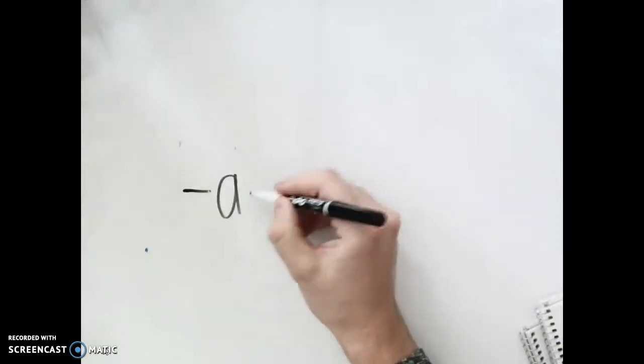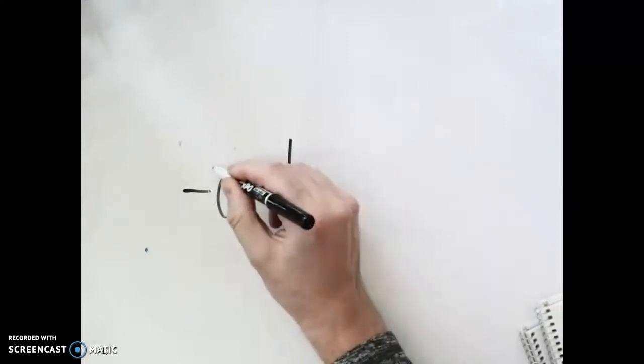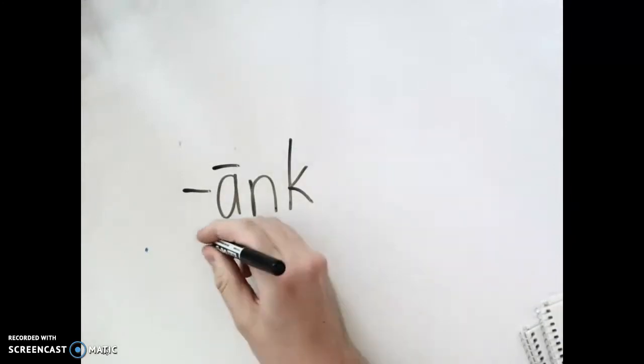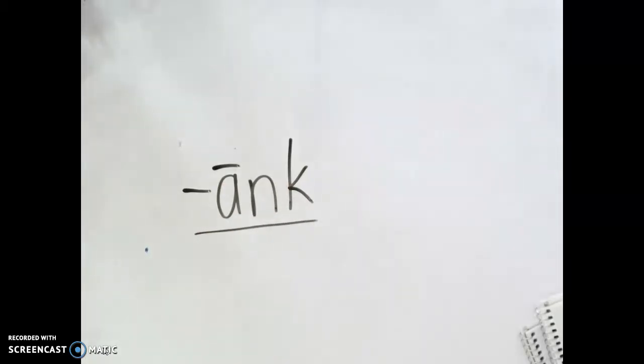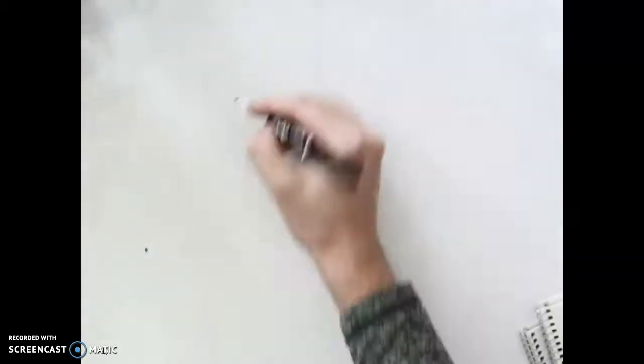Show me the ank. Ank. A-N-K. Long A, nk. Ank. Show me the two ways to spell the T sound.